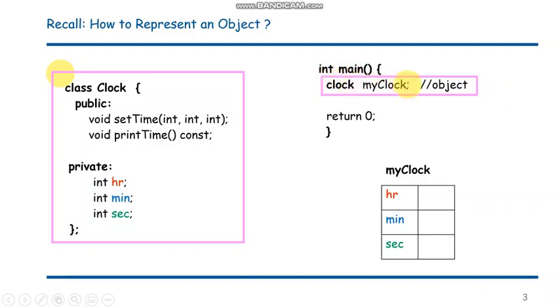And here, this is a declaration statement that is creating an object which can be visualized as a memory space that has fields in it. In our instance, we have my clock, the object, with 3 fields in it, that is hour, minute, and second.